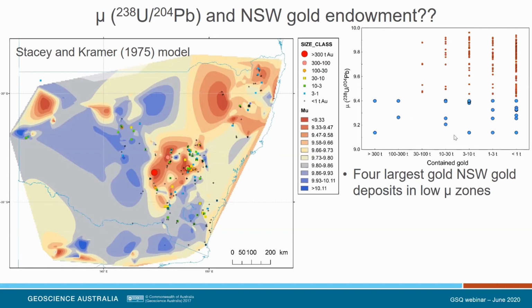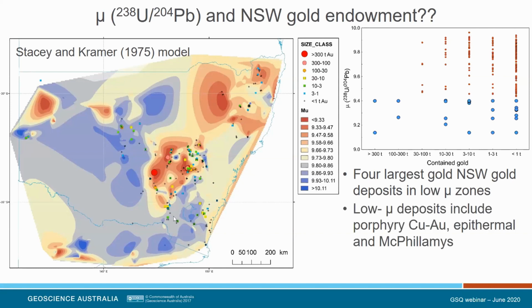Whereas if you go to lower, smaller deposits, they're associated with both the juvenile crust and the more evolved crust. So if you were looking for the larger gold deposits in Australia, you would want to go to the more juvenile. In New South Wales, you want to go to the lower mu values.